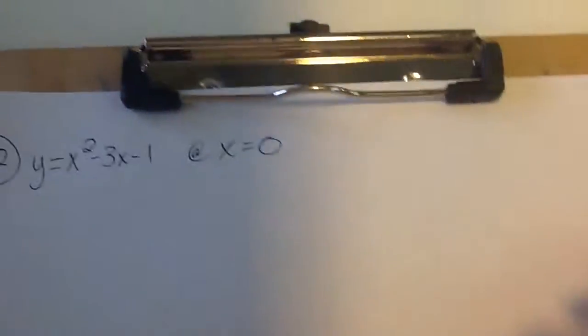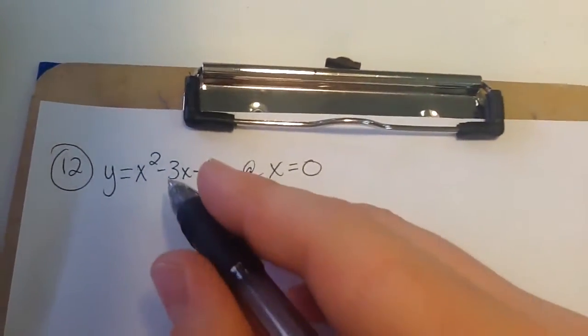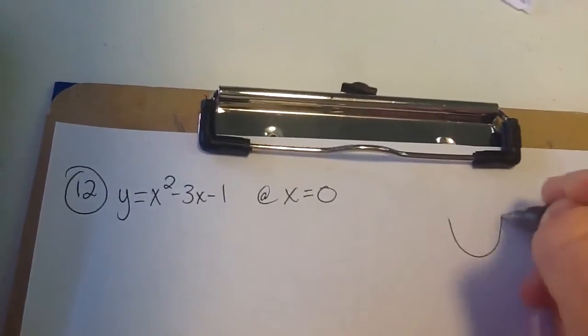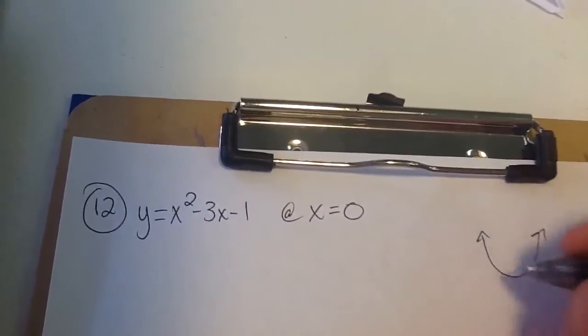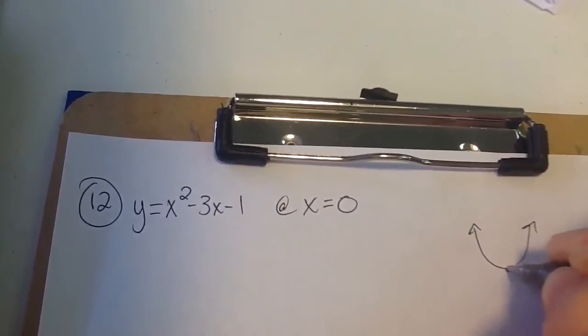So remember, the whole idea on this is some kind of parabola. And at x equals 0 is some point, I don't know where that is, let's say it's right here, it doesn't matter.